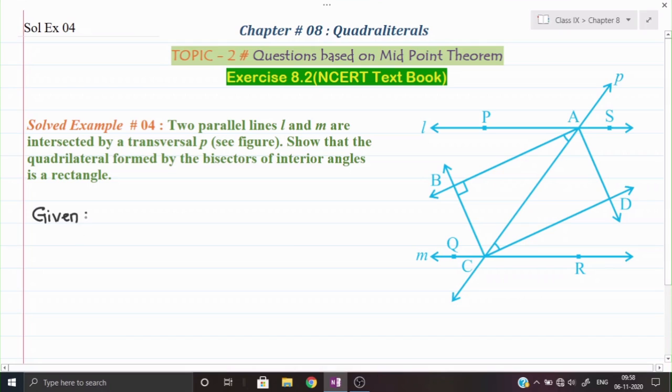Observe, we are given two lines L and M, intersected by a transversal line, and they are parallel also.